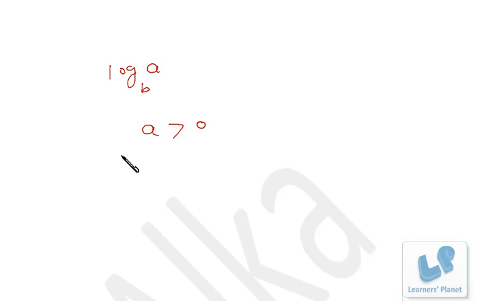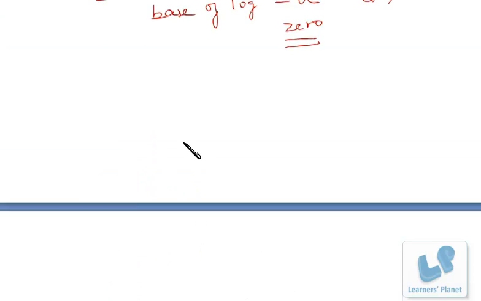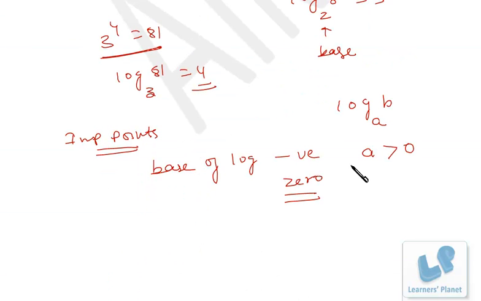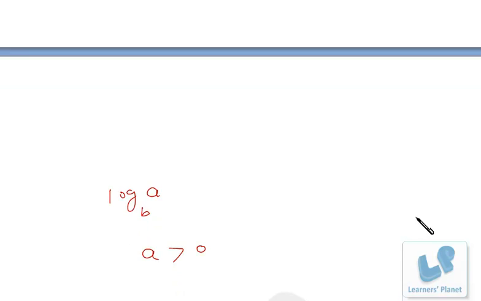And the third important thing: we have just discussed that the base of logarithm should not be negative and should not be 0, and simultaneously it should not be 1. So the base b cannot be negative, 0 or 1. But the index can be 1.